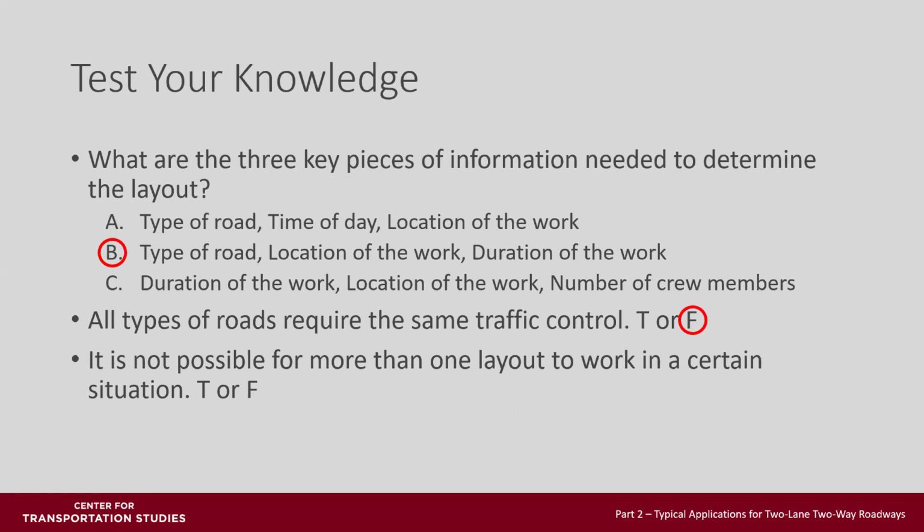It is not possible for more than one layout to work in a certain situation. That's false. A lot of times you will see several different layouts that may work for you. That's why I keep stressing, read all the notes, make sure you understand all the conditions that are there, and pick the one that works best for you and your agency.